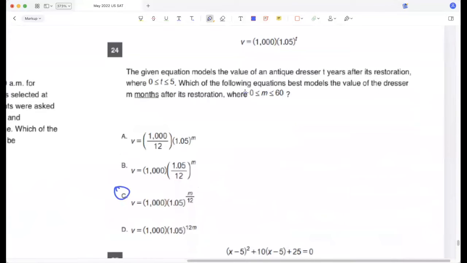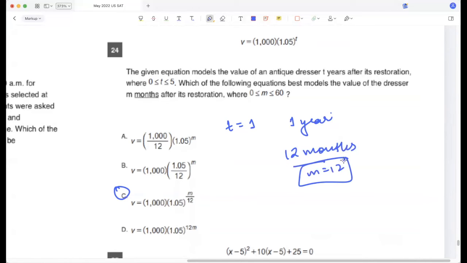Because let's say T is 1, so that means 1 year, and that would be 12 months. So I should get the same answer when I put M equal to 12 as I put T equal to 1. T equal to 1 will give me 1000 into 1.05, and M equal to 12 will give me the same answer of 1000 into 1.05 for option C.